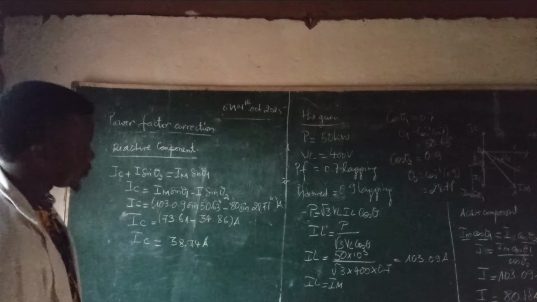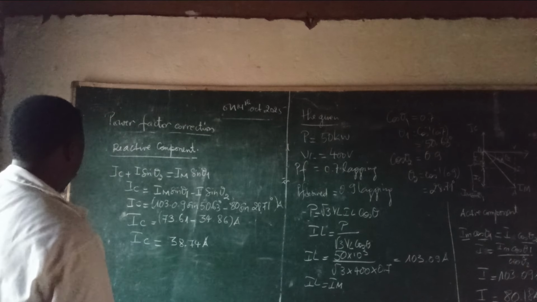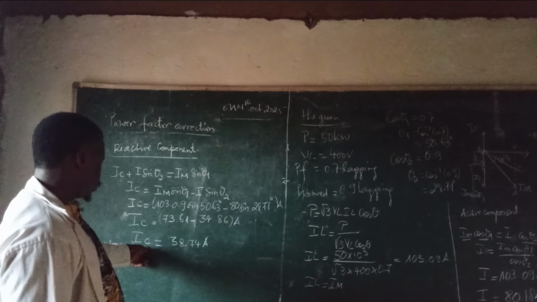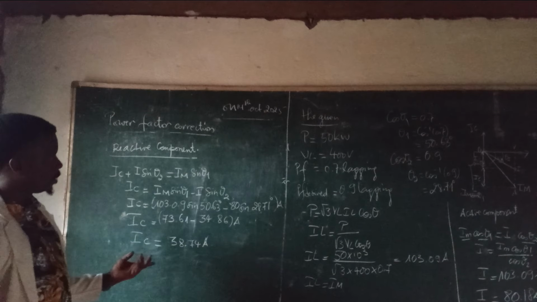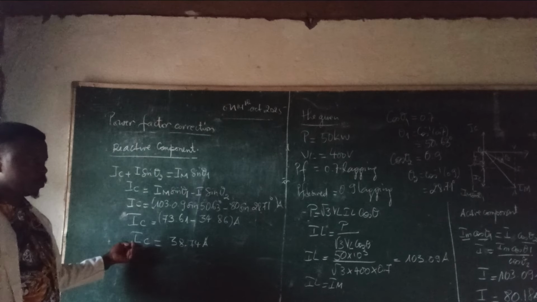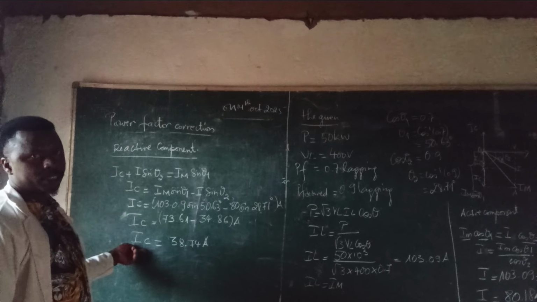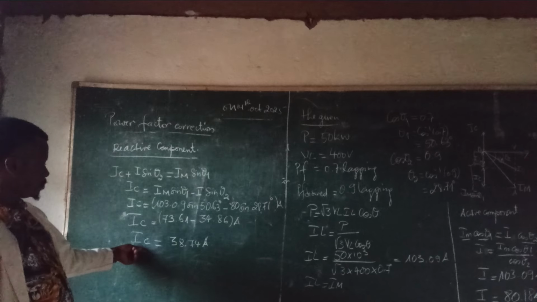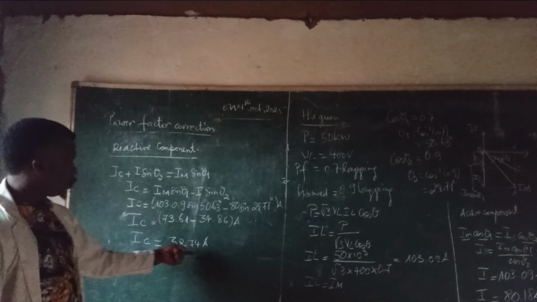Now, what we got is the current that the capacitor will consume. This is the total current for the three-phase capacitor bank. We're going to search a per phase reactance to see what every phase will consume.